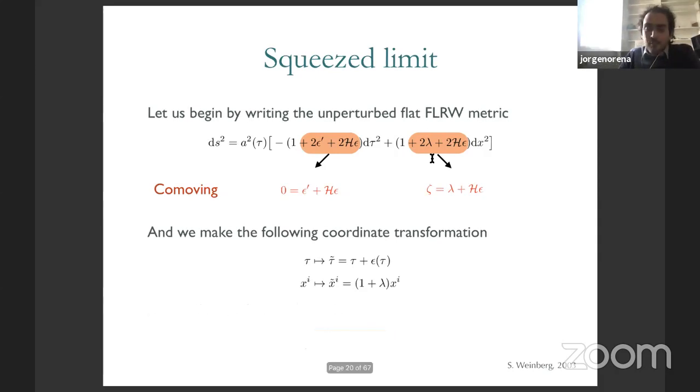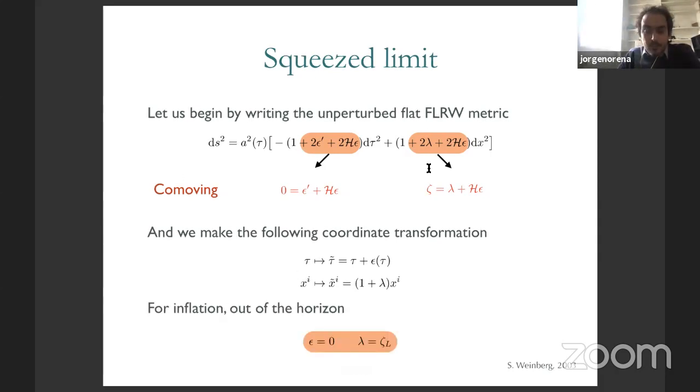And you can do the same for a gradient. And indeed, for inflation out of the horizon, epsilon should be 0, lambda should equal zeta. And what we learn is that a very long wavelength metric fluctuation is just a change of coordinates. So as in the Newtonian intuition, it has no physical meaning.